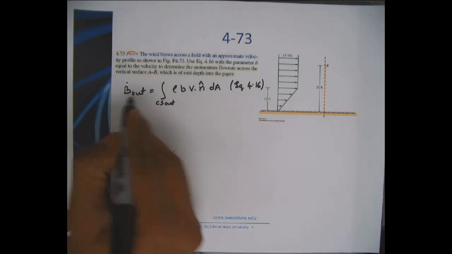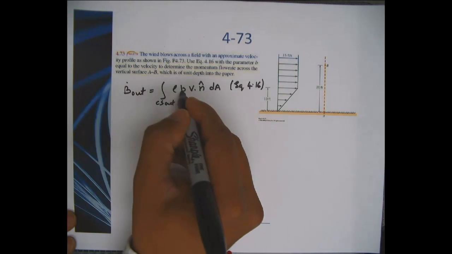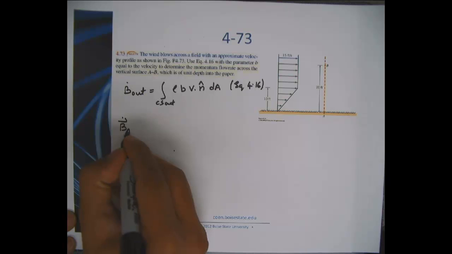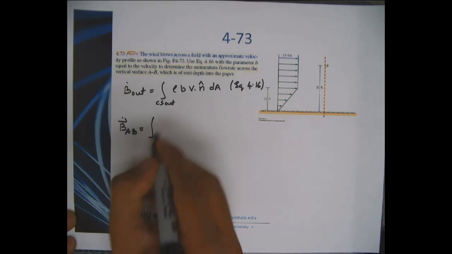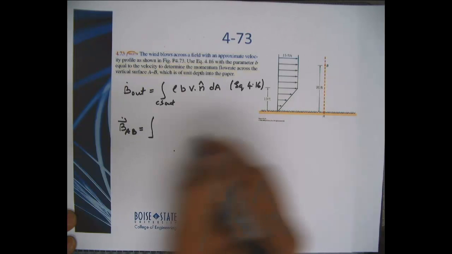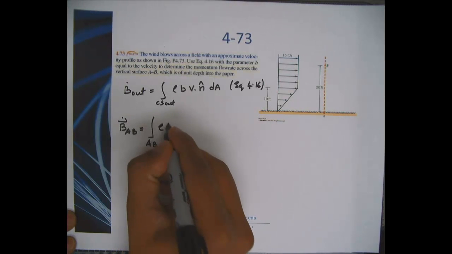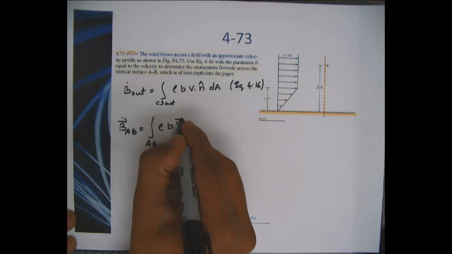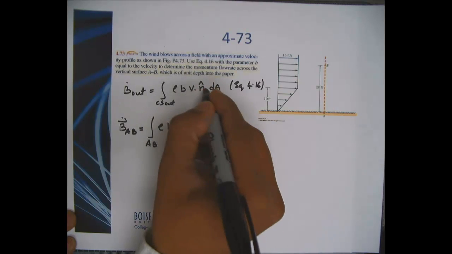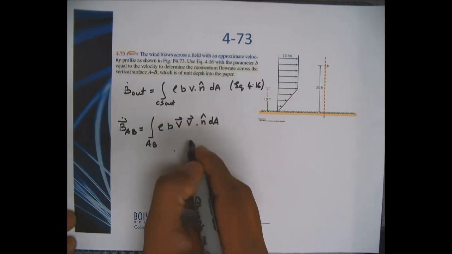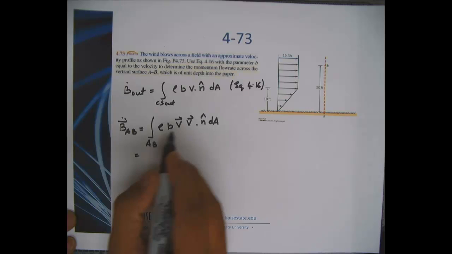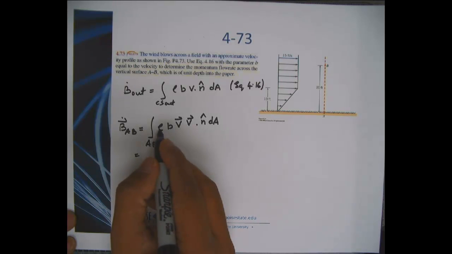Okay, so let me rewrite this, since I know that the b here is the velocity. If I want to write this as a vector quantity across AB, so the cross section here is AB, rho times b, and V, which we have V dot n, the normal. Density is a constant.